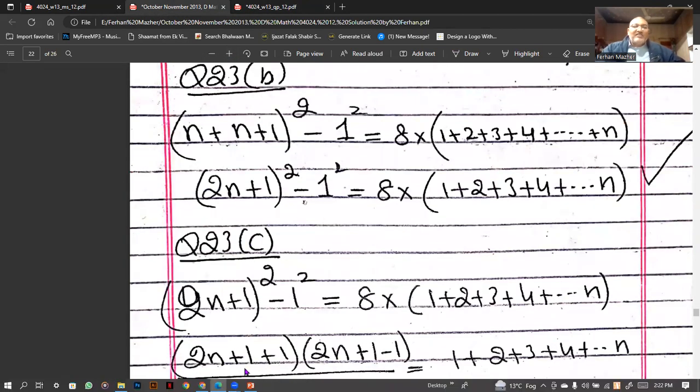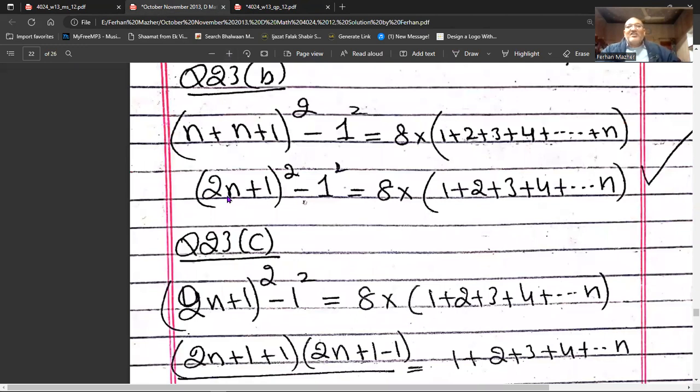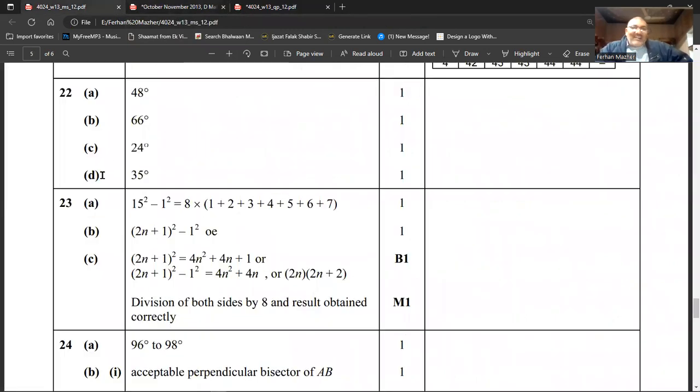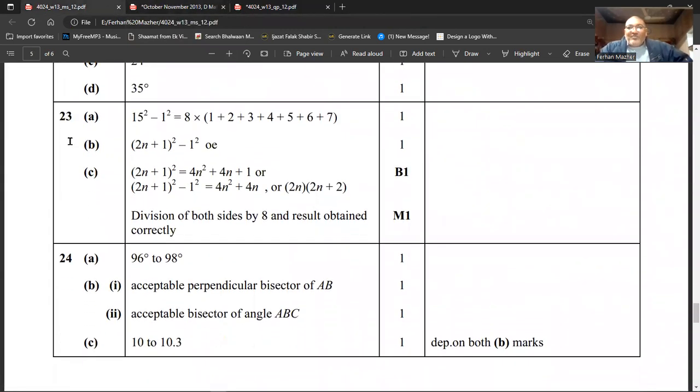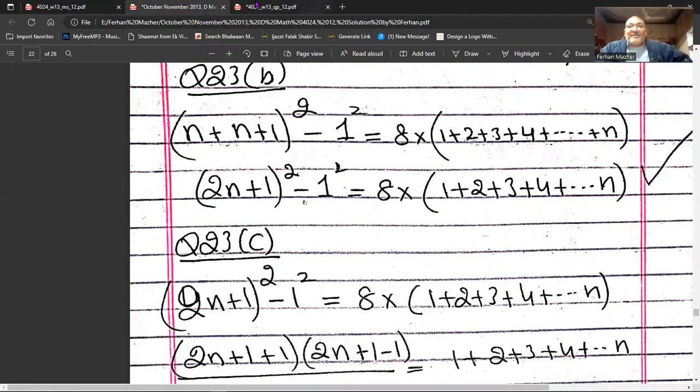So it will be 1 plus 2n whole square minus 1 square, and it will be 8 into 1 plus 2 plus 3 plus 4 plus up to n. This is the nth term. I just showed you how I catch that pattern. It's no formula involved, only we are catching the pattern.